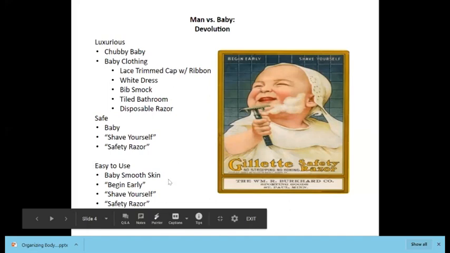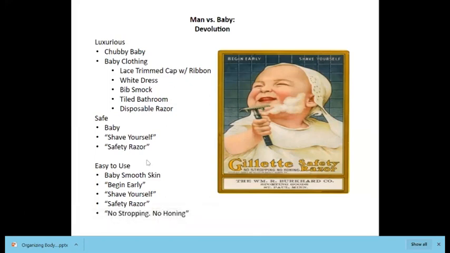Another possible category here would be that it is easy to use. Perhaps you might have heard before, particularly in reference to shaving, soft as a baby's bottom, the idea of the smooth, unblemished, wrinkle-free, very velvety soft baby skin.